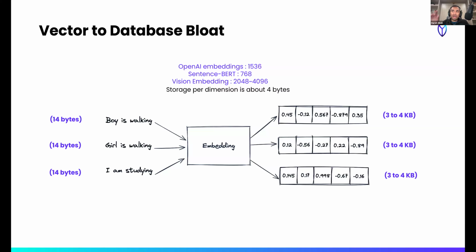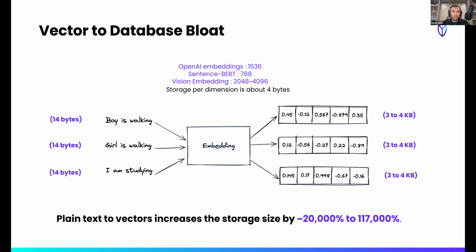The storage per that vector dimension bloats up to 3 to 4 kilobytes. So that's a 20,000 to 120,000% increase. So just because you converted the data you already had in your database into a vector embedding, it's going to lead to a lot of bloat in the volume.